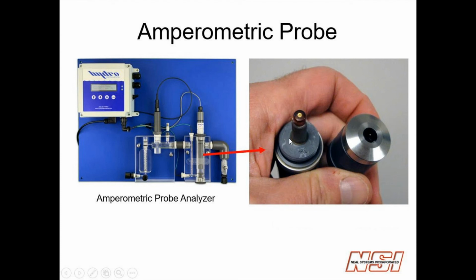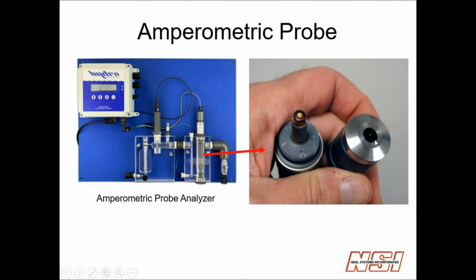The tip of the sensor is platinum, and this part of the sensor is silver oxide. So you have two dissimilar metals, silver oxide and platinum. Inside the cell, this cap contains an electrolyte solution. It's like a gel, and so these two dissimilar metals are submerged in that when this cap is applied.